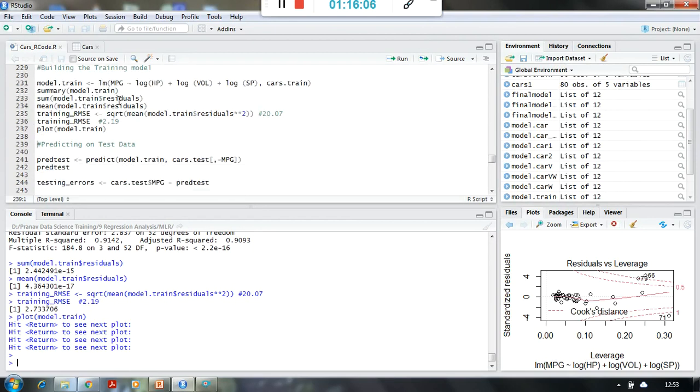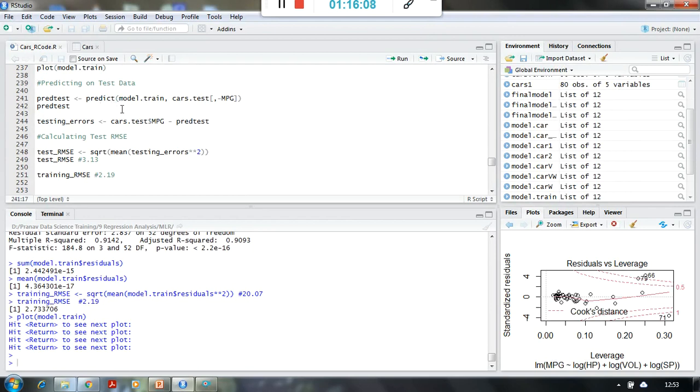Now if my model is good enough, I'm going to use it on the test data. So I'm using a predict function, passing this model. This step we are doing for the first time. So using a predict function, passing a model name, and here I am passing the test data.